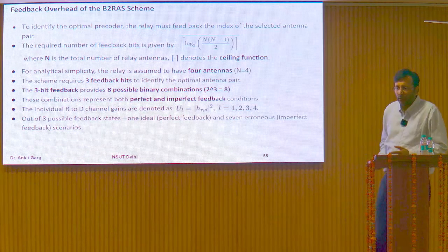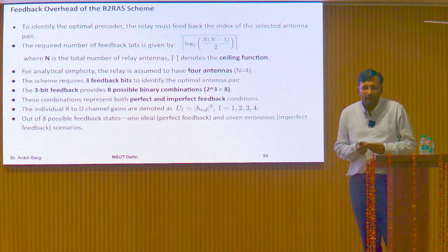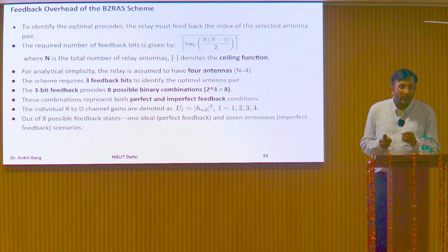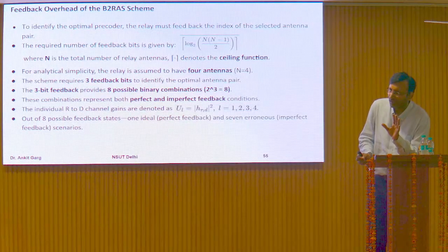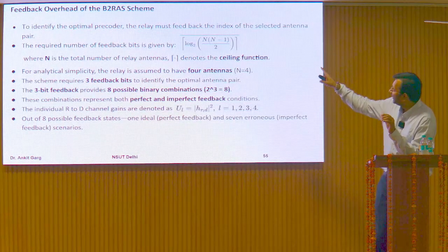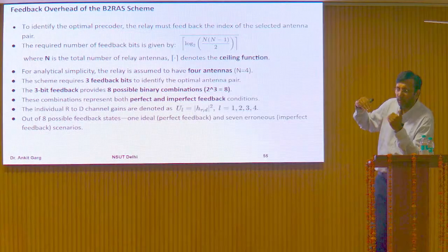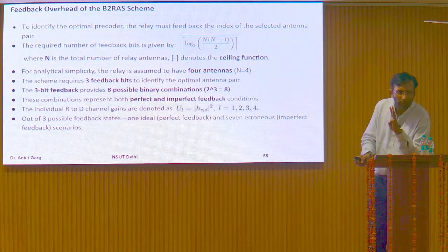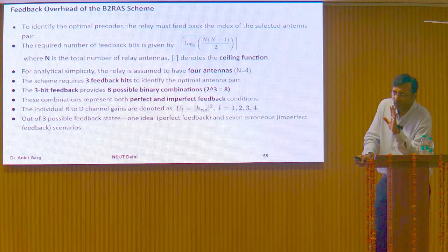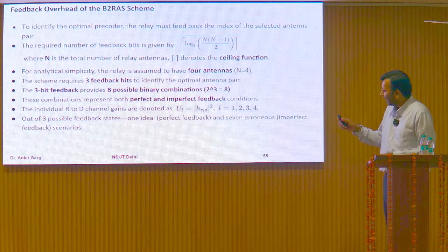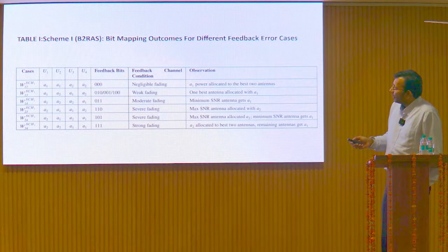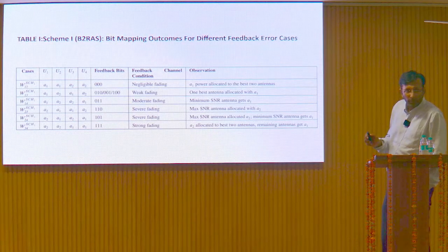We don't have the capability to choose 2.6 bits, and I have put a ceiling function here, so we need to round up. It means we need 3 bits for n equals 4, right?